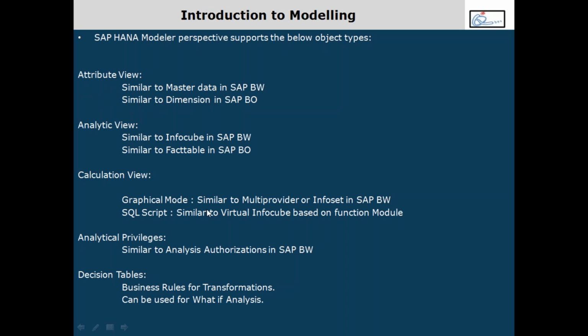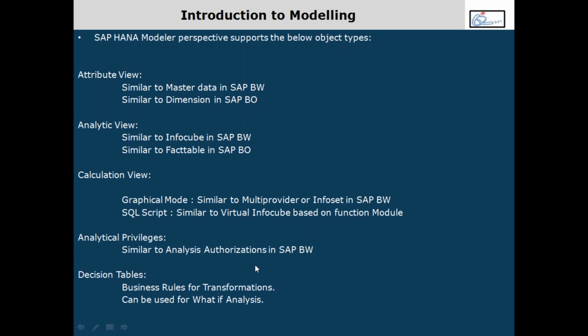But in an interview they'll ask you how many types of views there are and what the difference between all those views is. Then when you start saying that whatever I can achieve with attribute or analytical views I can achieve with calculation views, the immediate question is, what is the importance of having attribute views, or in what scenario would you mandatorily go with an attribute view? Okay, I'll come to that later.